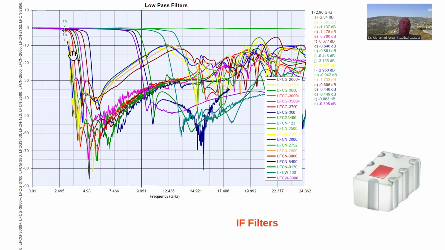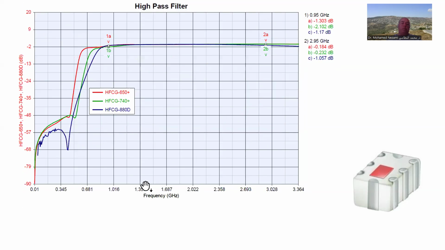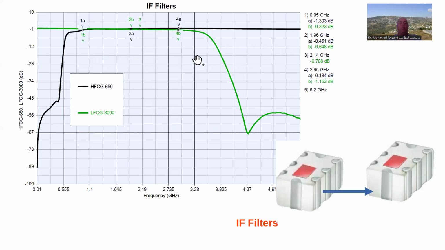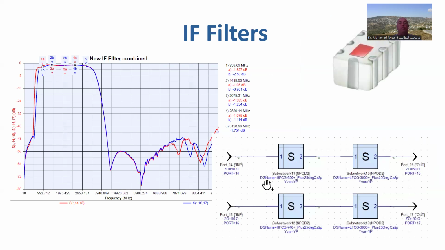What we're going to do is reject the lower frequency by combining a low pass filter with a high pass filter. So I located a few of these that start out from 950, which is really good in here. They reject this band really well. I'm going to use two of them.